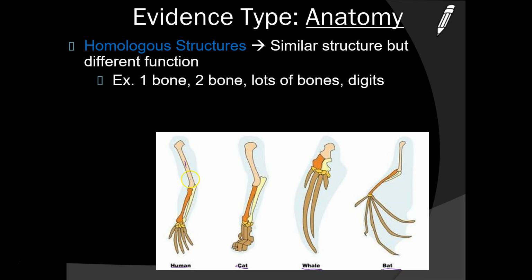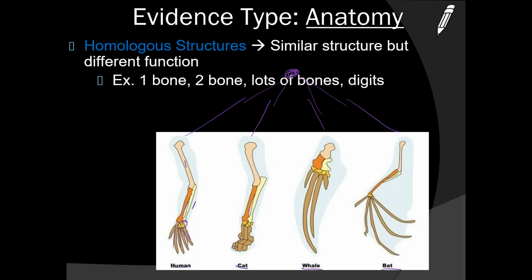We have 1 bone, 2 bone, lots of bone, and then the digits. And by comparing these structures, we could suggest that all of these organisms had to have had a common ancestor years ago that eventually diverged off and created these other organisms.